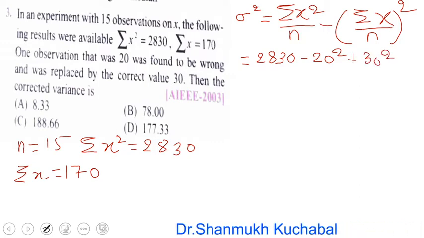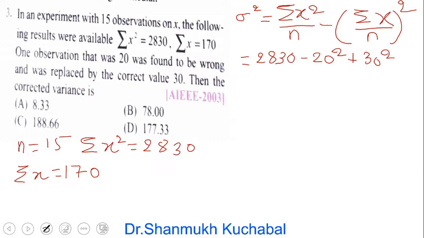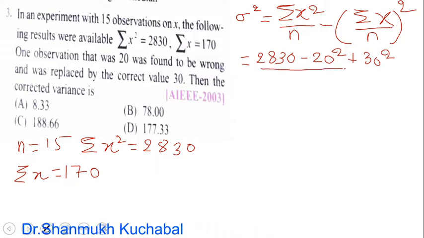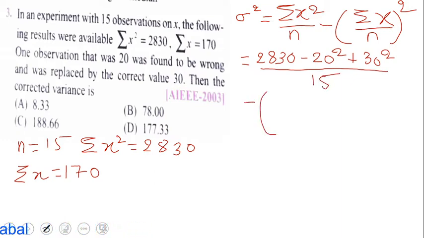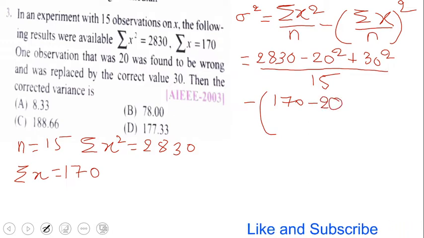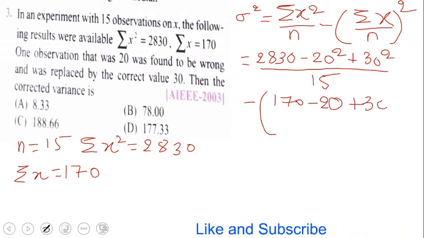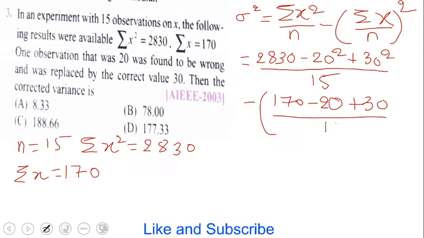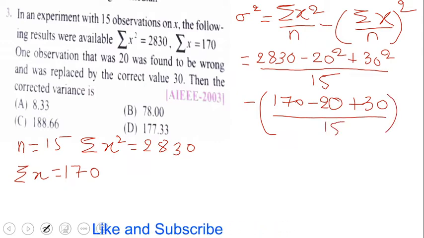Wrong data we have to subtract, right data we have to add, divided by the number of observations, 15, minus summation of x, which is 170. Then wrong information we subtract, that is 20, right information we add, 30, all divided by 15, whole square.